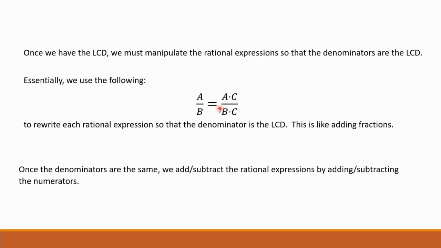And here, of course, B and C are non-zero. That kind of goes without saying. Well, yeah. And once the denominators are the same, just like with fractions of integers, you add and subtract by adding and subtracting the numerators only, and the denominator you leave alone.